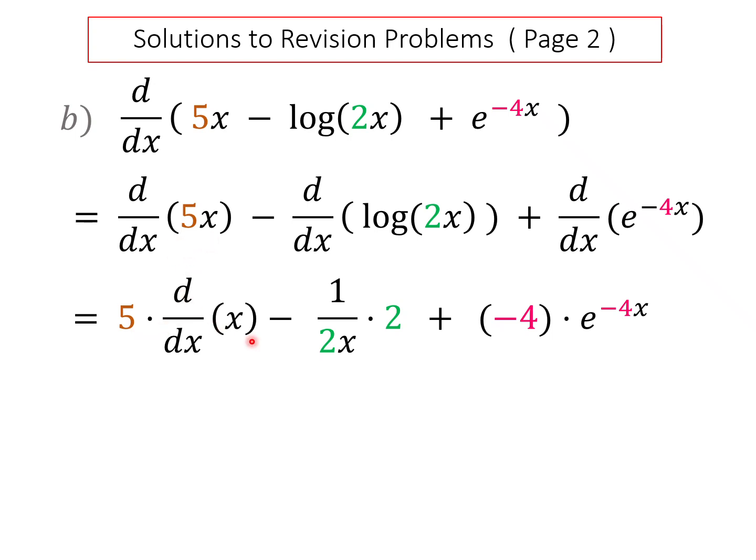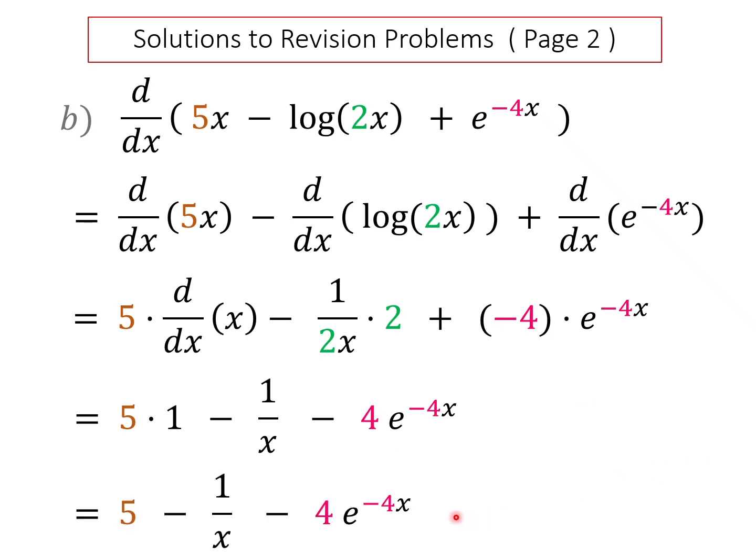So rest is d/dx of x. Then d/dx of log 2x is 1 by 2x into 2. And d/dx of e to the power minus 4x is minus 4 e to the power minus 4x. Here d/dx of x is 1 and 2 cancels out. So it becomes 5 into 1 and 1 by x. Plus into minus 4 gives you minus 4 here. Final answer is this.